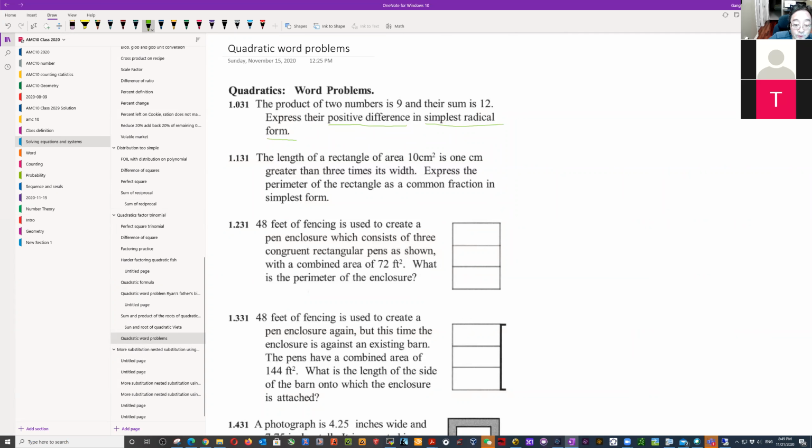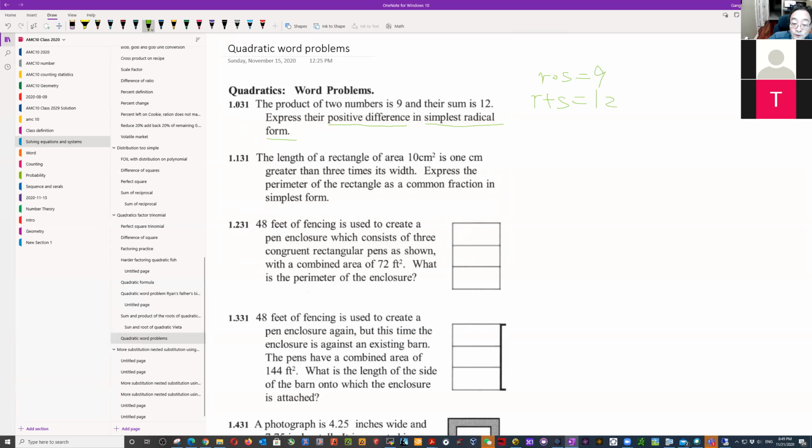So if I have two roots, let's say R and S, then R times S is equal to 9, and their sum R plus S equals 12, and we express their positive difference in simplest radical form.